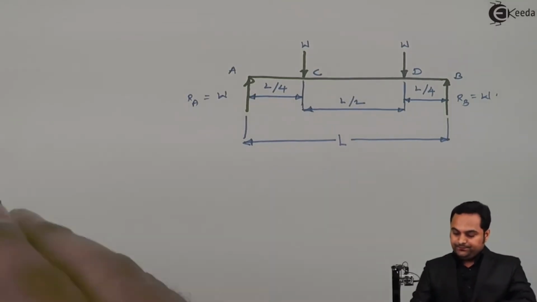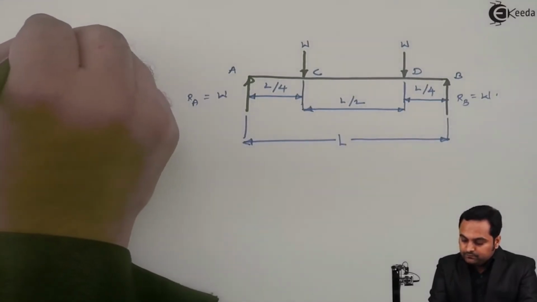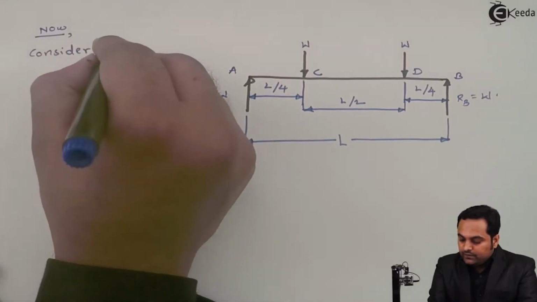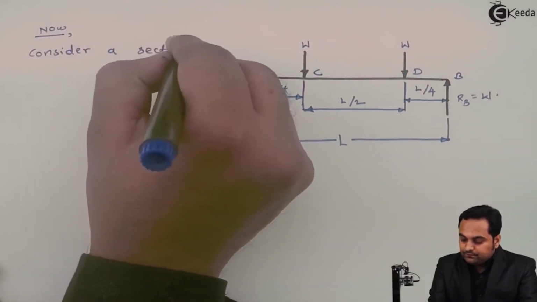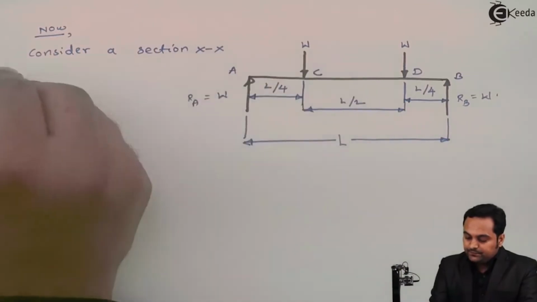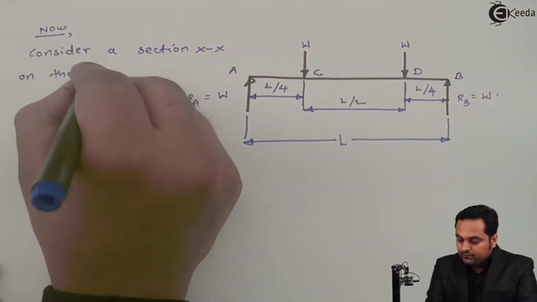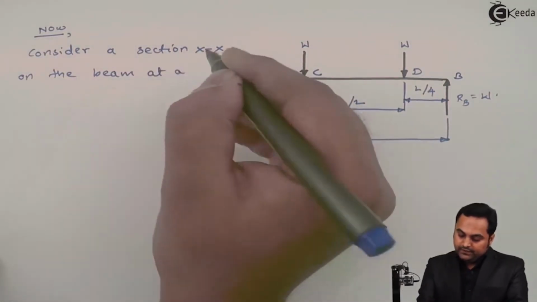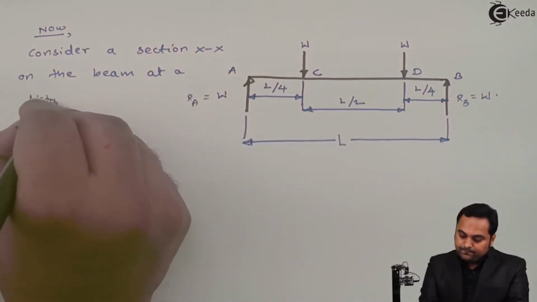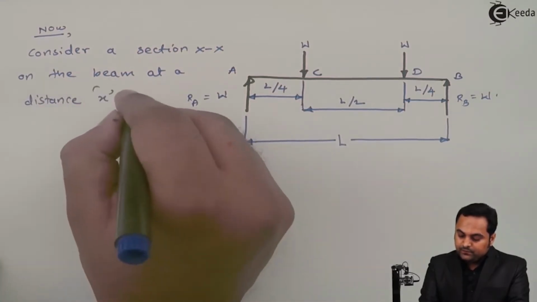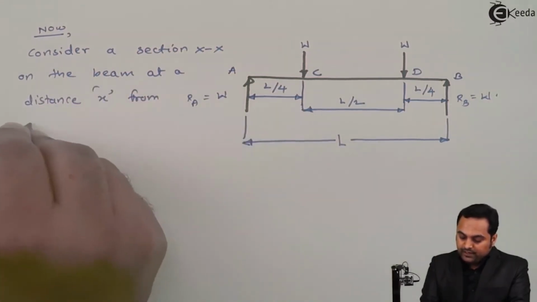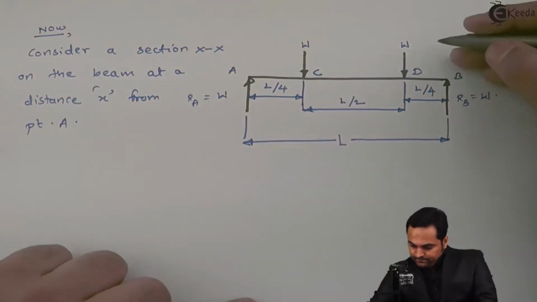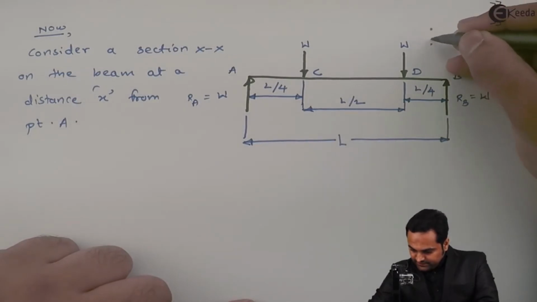So now consider a section XX on the beam at a distance small x from point A, that is from the left hand side.